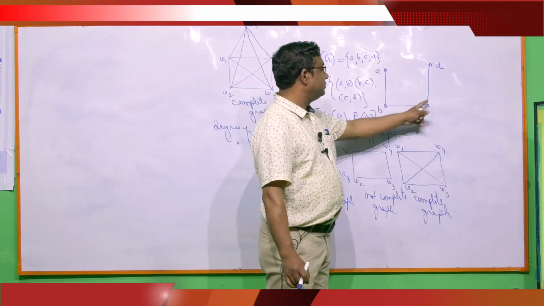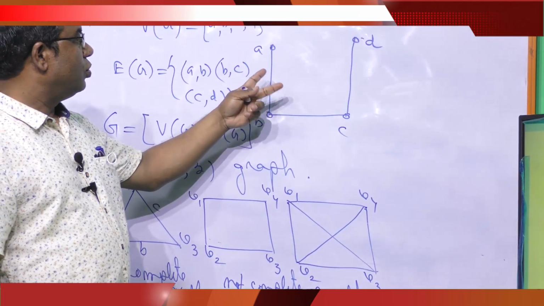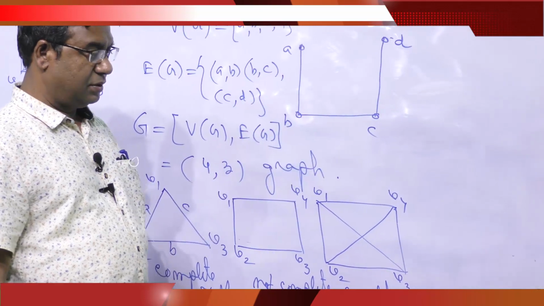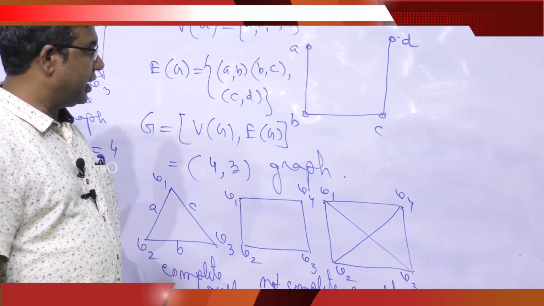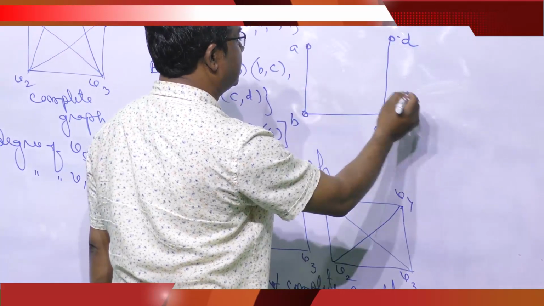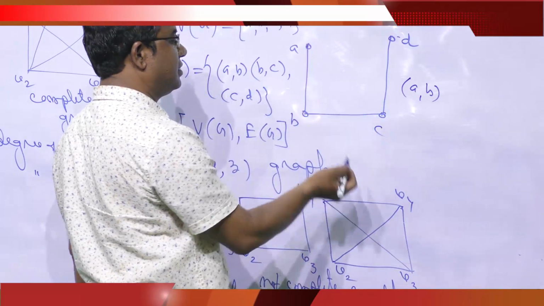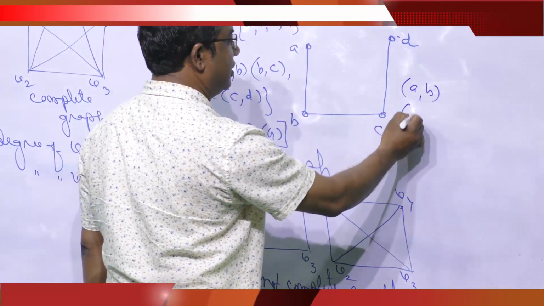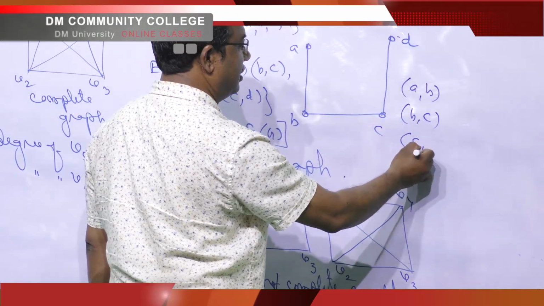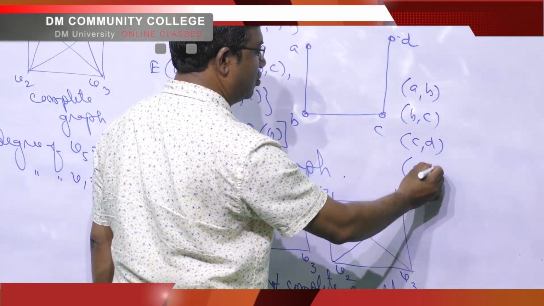So this graph is connected. There is at least one path between every pair of vertices. Let us see the vertices A comma B. There is a path. B comma C, there is also a path. C comma D, there is also a path. A comma D, here is also a path.